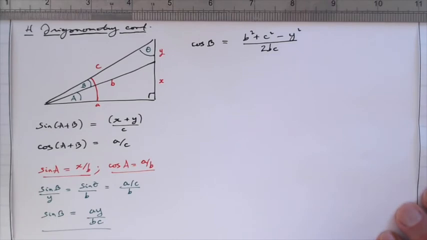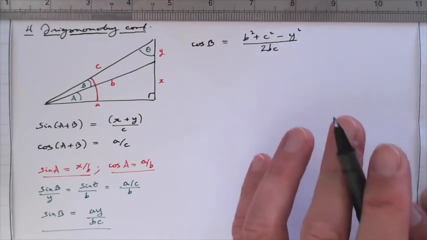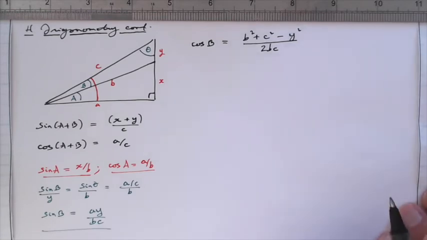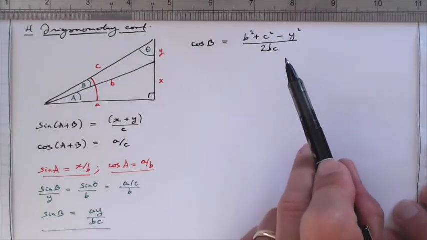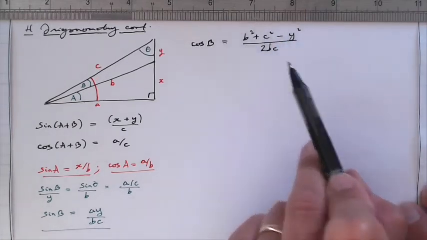That's fine. And I'm now going to do a little bit of playing around, essentially using various Pythagoras' theorems that we have hiding in here to get this as simple as I can. So the name of the game for the next couple of minutes is, can we get this much simpler?